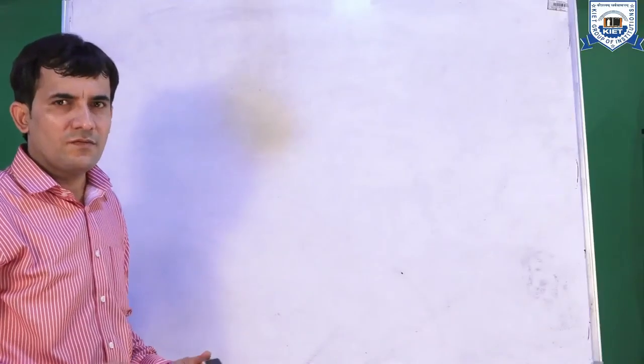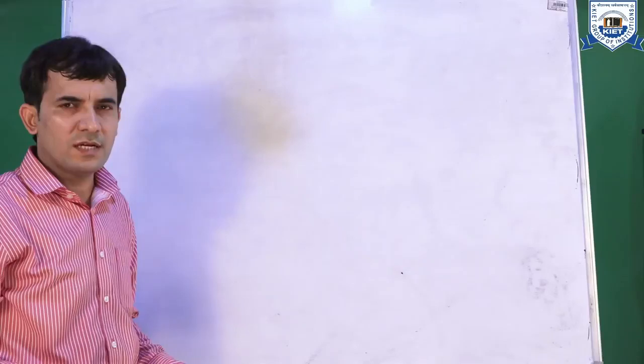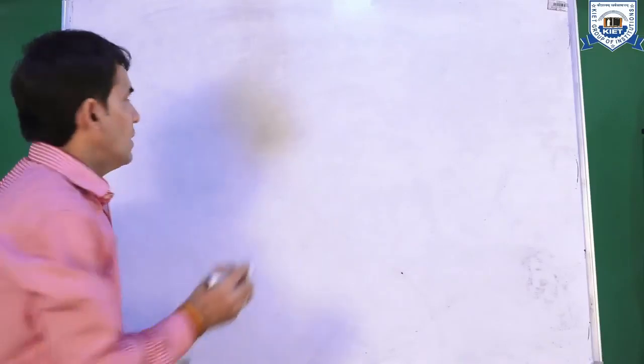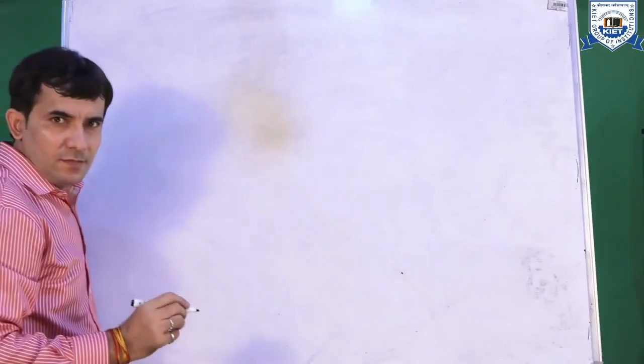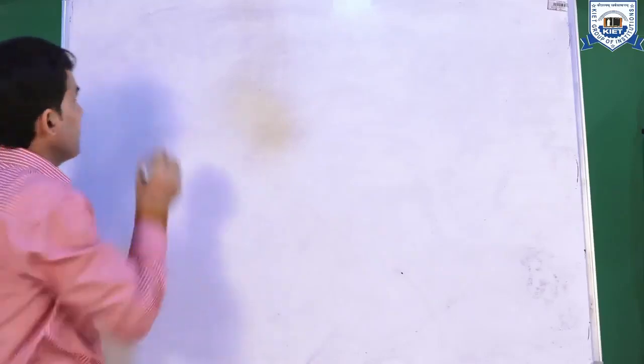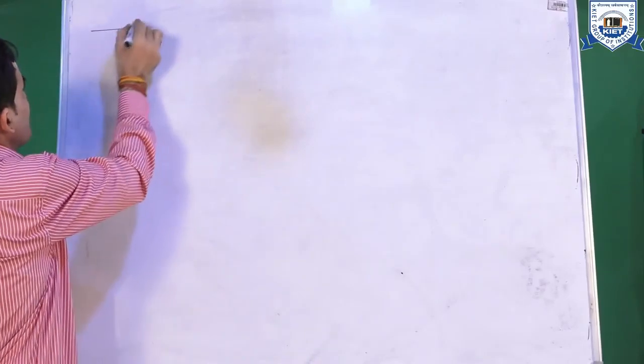Now we will discuss another very important part of this problem, that is known as eigenvector. How can we find an eigenvector? This is a very important step. What is an eigenvector?